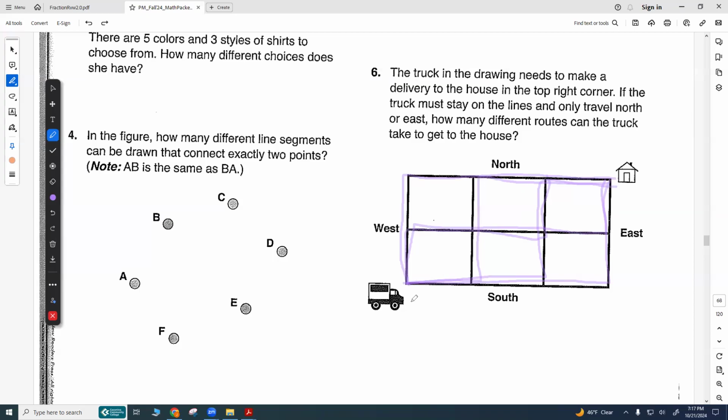So let's see, we got 5 total spaces, and we can either go 2 or 3. We're always gonna have to go 2.